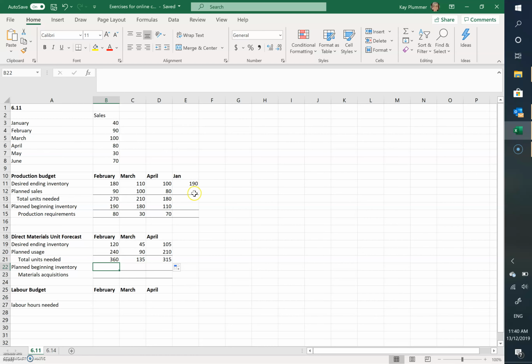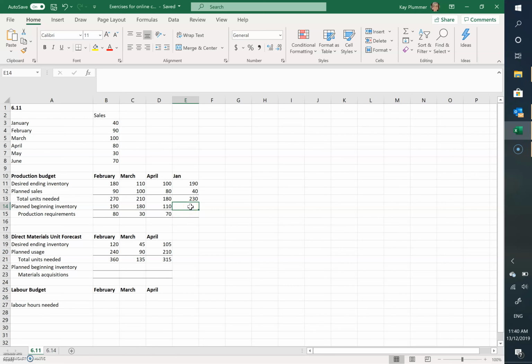So let's work through this January column. We know that the sales in January were 40. So we can add that up. And we know that the planned beginning inventory in January was the same as our ending inventory in December.